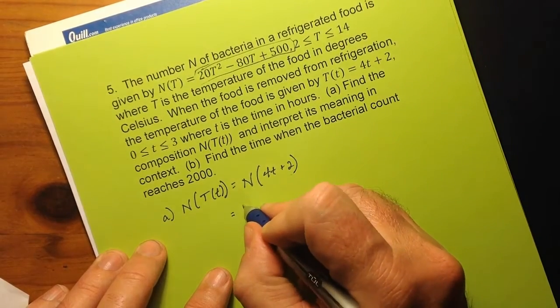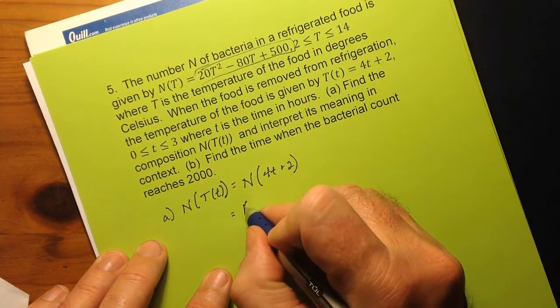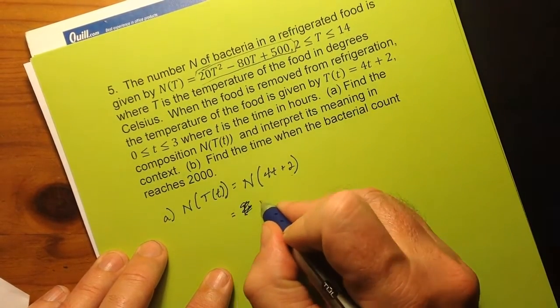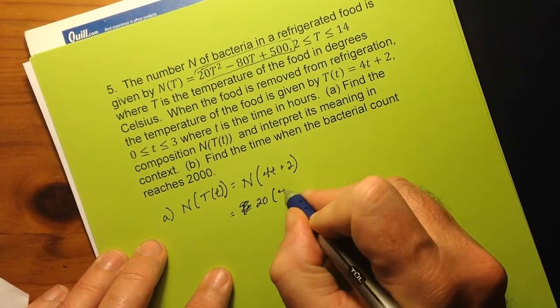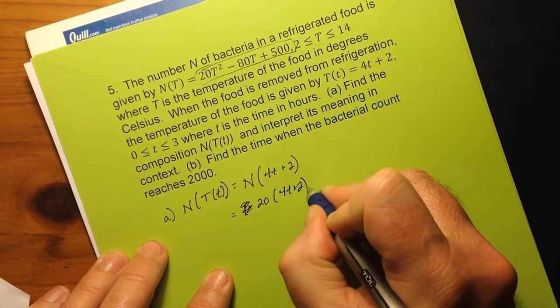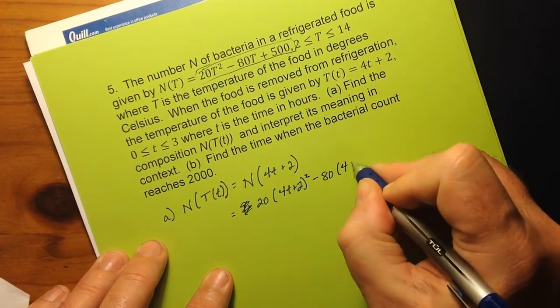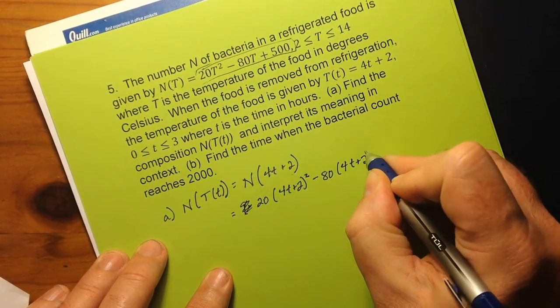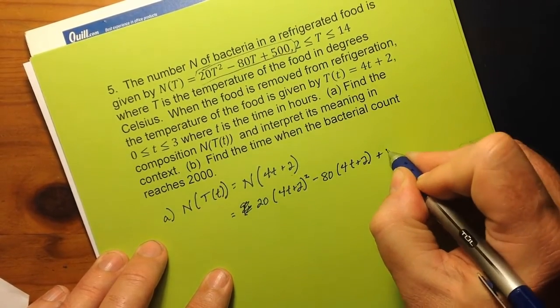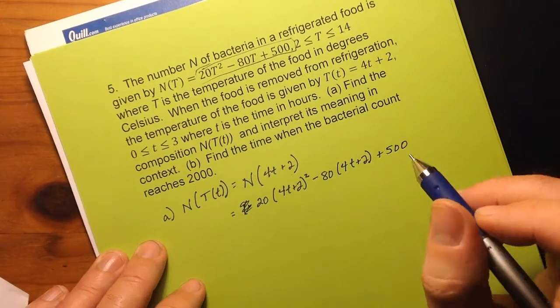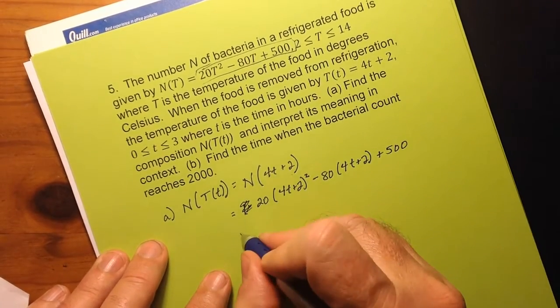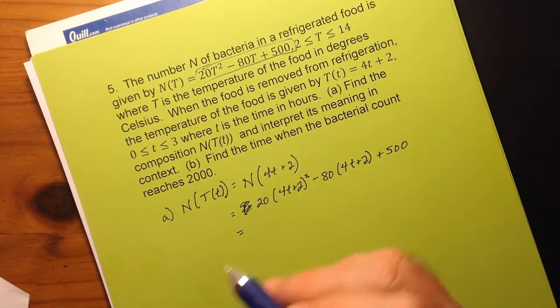I'm going to put in 20 times (4t plus 2) squared, minus 80 times (4t plus 2), plus 500.